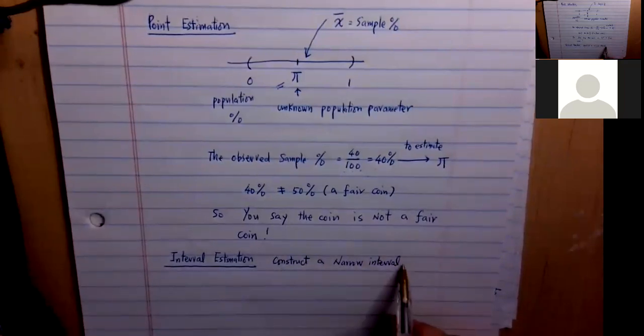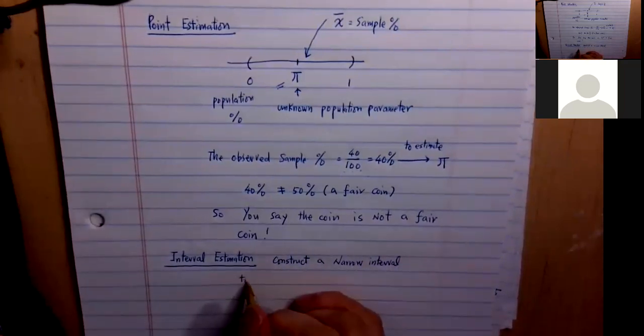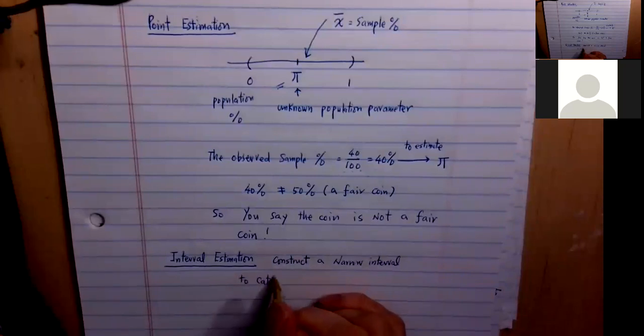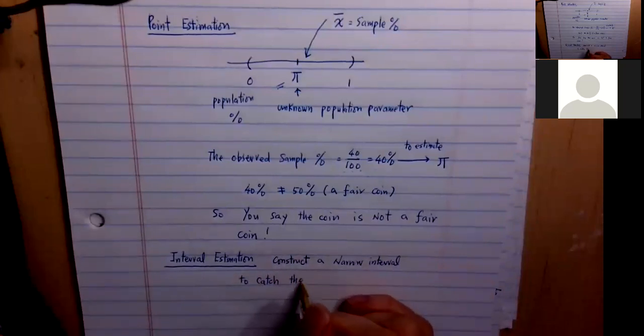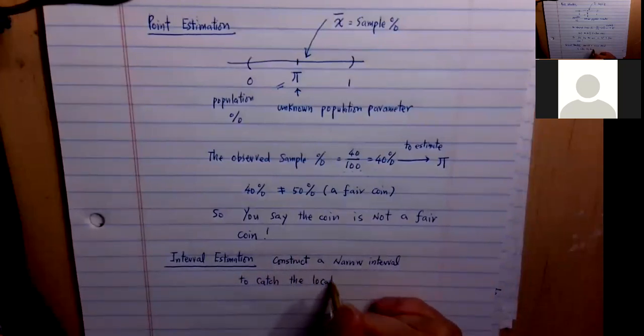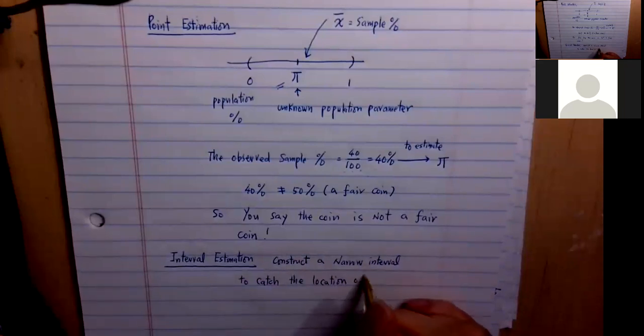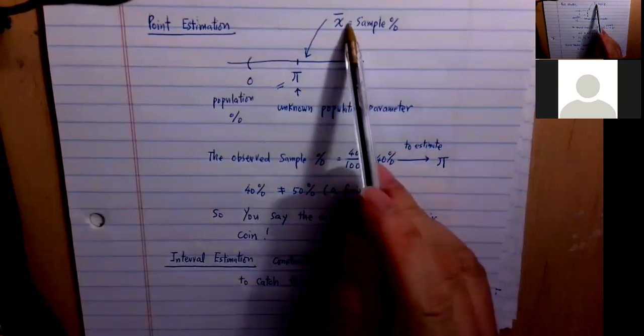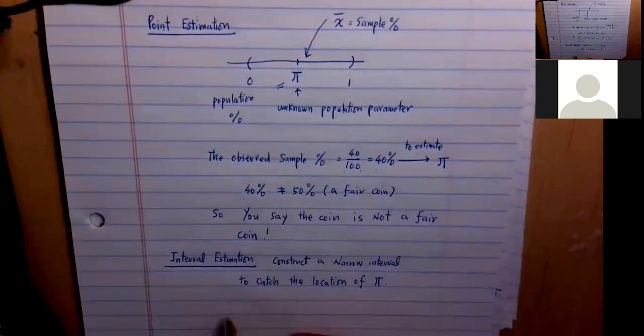You try to construct a narrow interval to catch the location of pi. So instead of using a point to catch another point, interval estimation is like this.